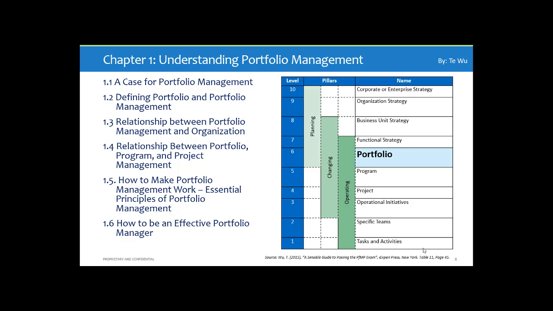So what you see is in 10, you have the corporate and enterprise strategy, which I'm sure many of you agree can be quite abstract. But as organizations transform those strategies into something concrete, from the enterprise strategy to organization strategy to business strategy, departmental, functional, product strategy, portfolio management is at this crossroad between the ideas and planning and the actual execution.